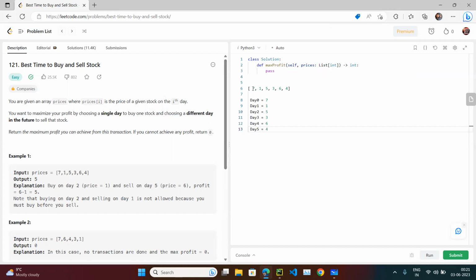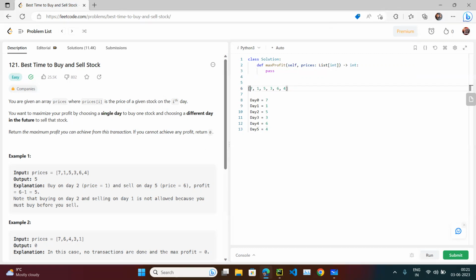You have to buy the stock on one day, and sell it on another day. But you need to maximize the profit.